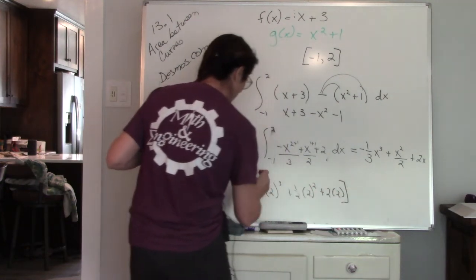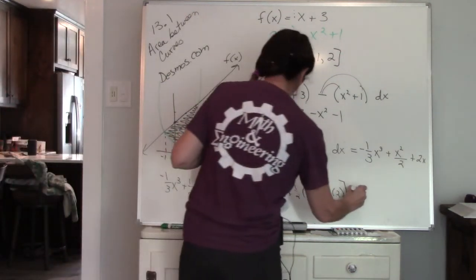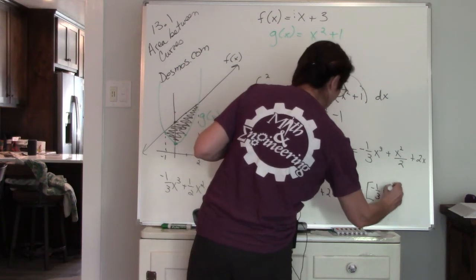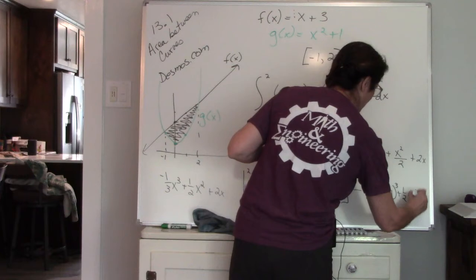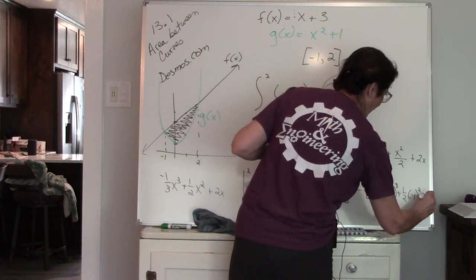So that is my first value. And then I'm going to subtract off -1/3 times -1 cubed, I'm going to run out of room, plus 1/2 times -1 squared, plus 2 times -1.